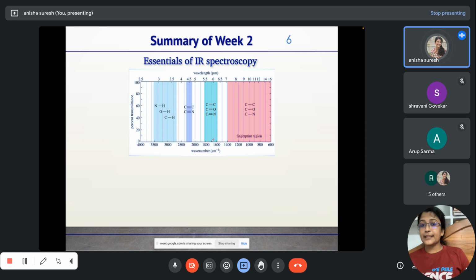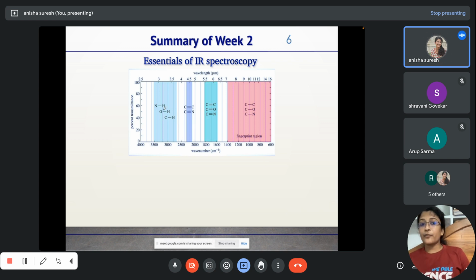So this is present between 1600 and 1800 centimeter inverse, a number which is the inverse of wavelength, 1 by lambda. If a triple bond is present, like C triple bond C or C triple bond N, it is present between 2000 and 2500, a small region in between.